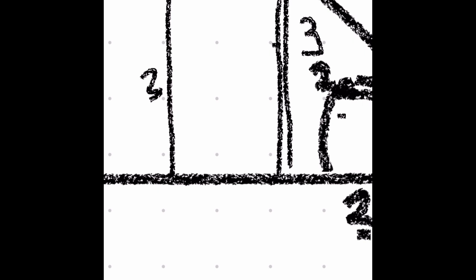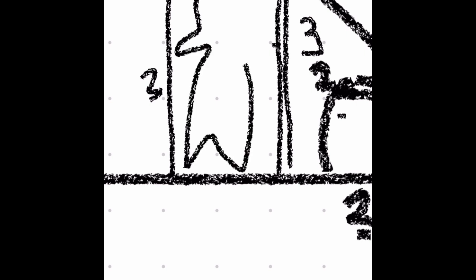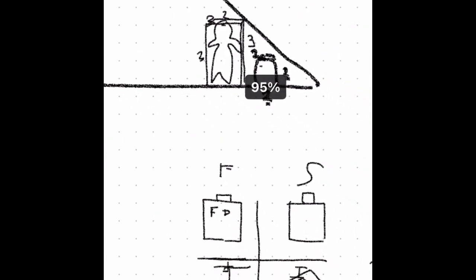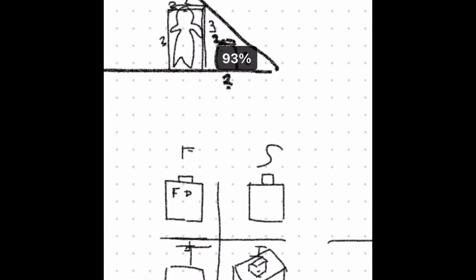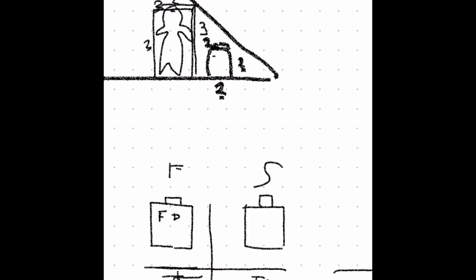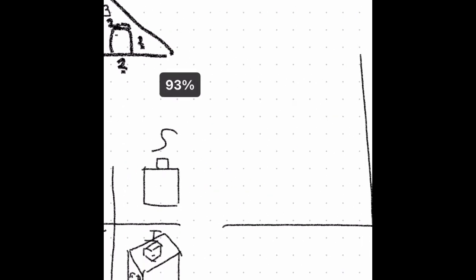Just do it like that. Now you can just fit her in, and she's not a cube. That's fine, as long as she's in there. So we're looking for something that's 3 by 2.